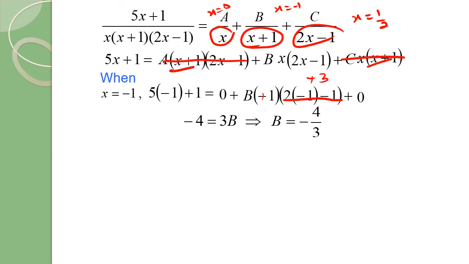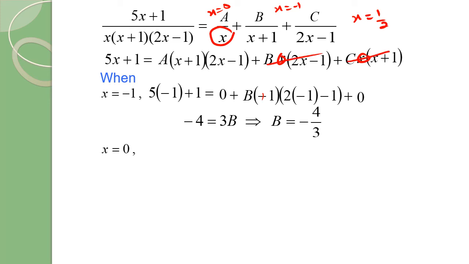Okay, now for the next value, we should find out a and c. So we choose the value of x. We can take x equal to 0. If x equal to 0, everything with b and c will be 0, so we don't have to write them. So the left side is 5 of 0 plus 1, which is equal to 1.